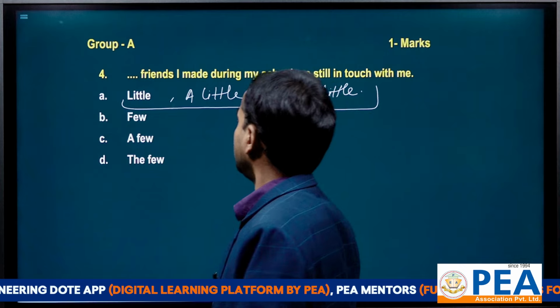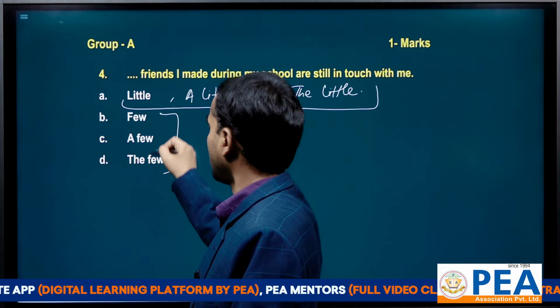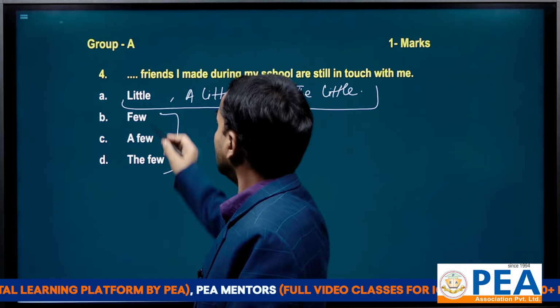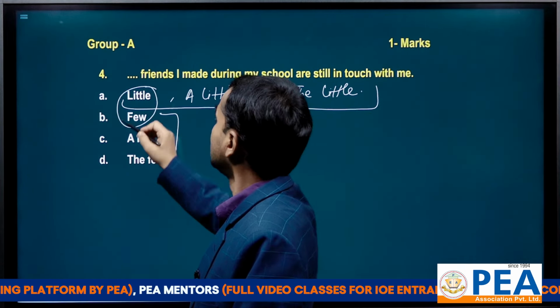These 3 are used for countable nouns. These 2 are used to show negative sense, meaning that becomes a negative sentence. Both mean almost no. If I say few friends, friend is what? A countable noun. Friends is a countable noun. That's why little does not come.